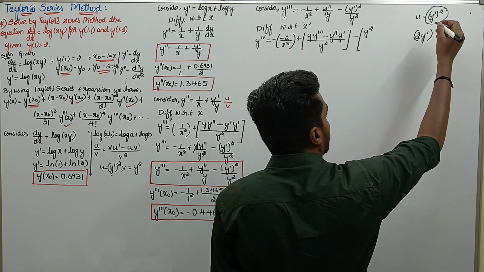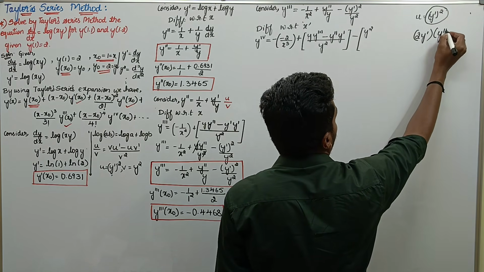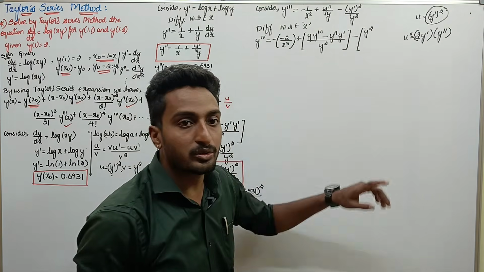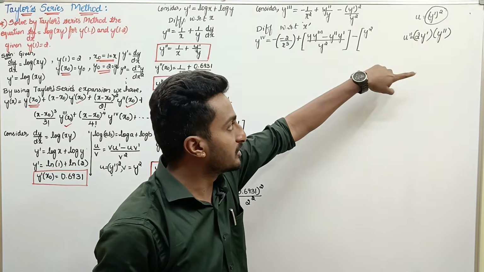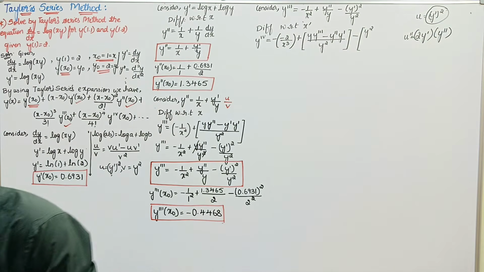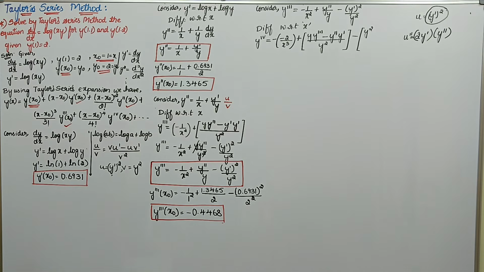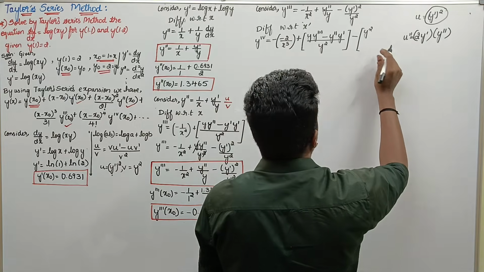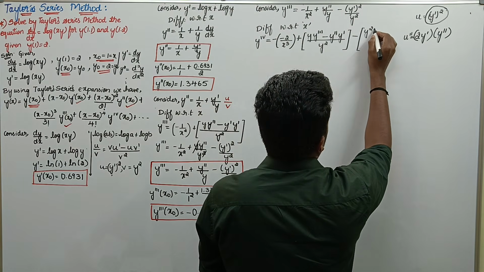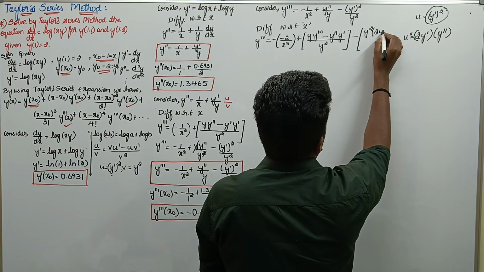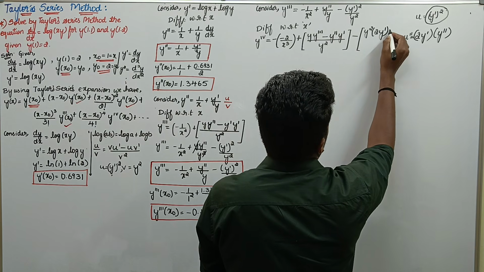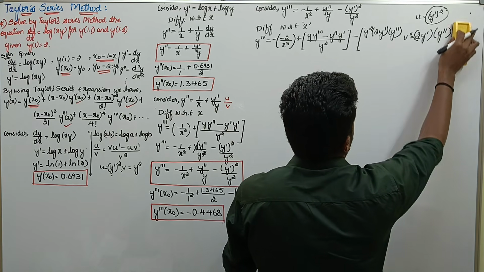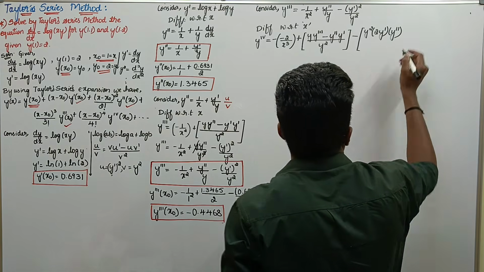What is differentiation of y dash? It becomes y double dash. First you need to differentiate the whole term, then differentiate the inner term. That is 2 into y dash into y double dash. Close the bracket. Got the point?